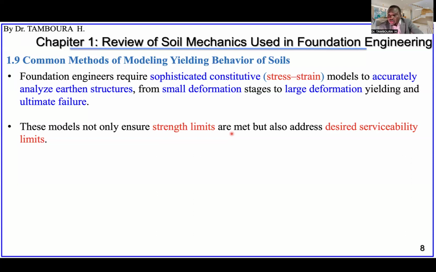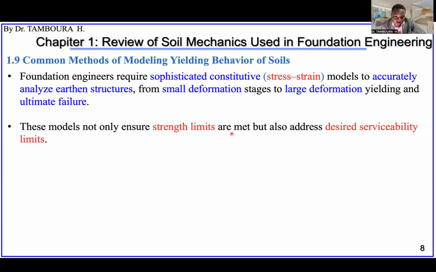The project may ask you to limit the settlement of the foundation at a distance of, like, 10% of the pile diameter, for example.